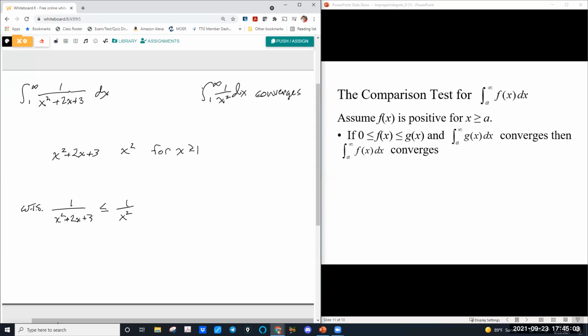Which side's bigger as long as we know x is greater than or equal to 1? Yeah, left, clearly. Now, that may not be true for other values, but again, we only care from 1 to infinity. So we have this.